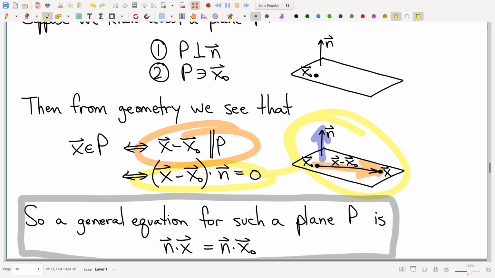It's very convenient to conflate these, with the understanding that it's the viewers' perpetual obligation to always think through exactly what we mean by whatever we write down. So here, for example, this x naught, I've drawn a point, so I'm referring to the location. But algebraically, I can treat it like an arrow with its tail at the origin because, well, why not? Okay. Alrighty.